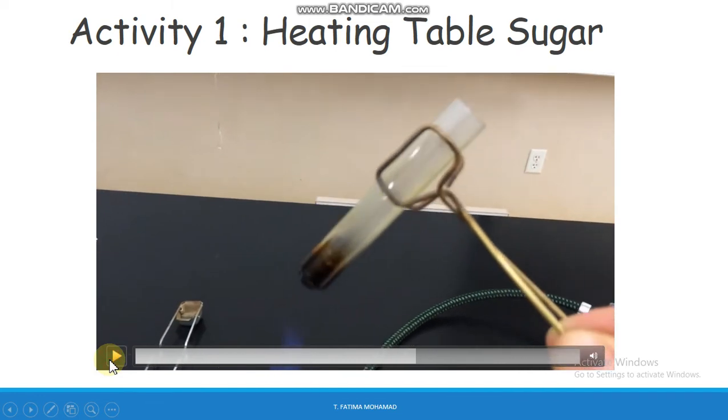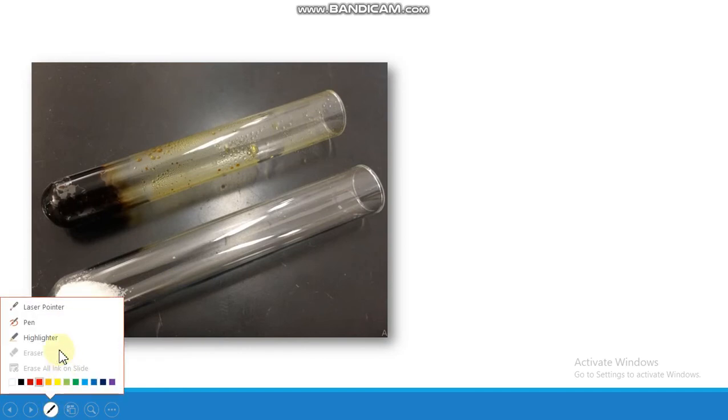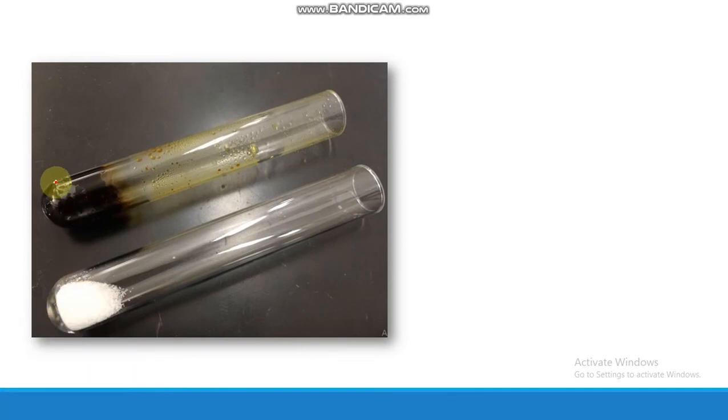So this was the experiment. We started with a test tube containing white sugar, and by the end of the experiment we have a black deposit and water droplets on the test tube. So we can say the reactant was sugar, but sugar did not transform into this black deposit, carbon or charcoal, alone.